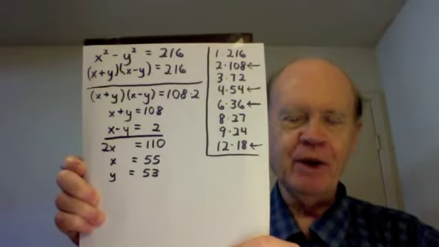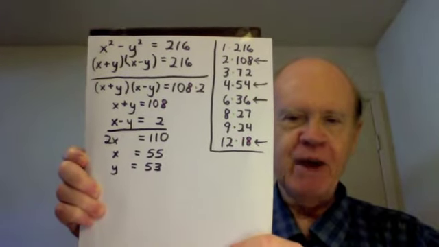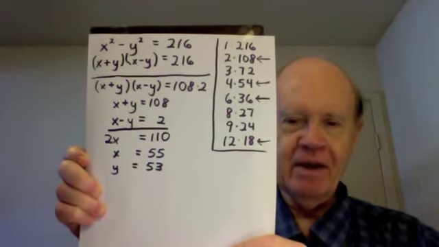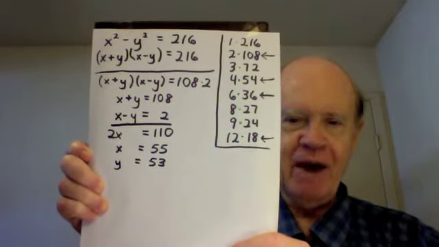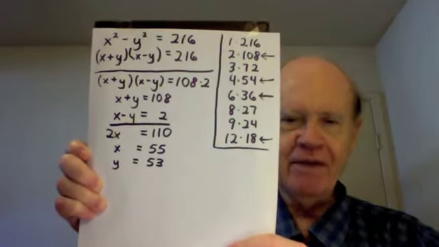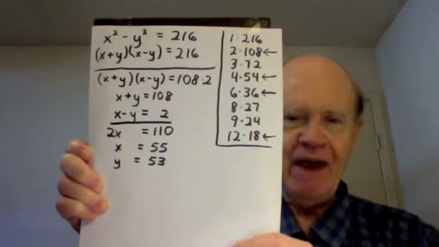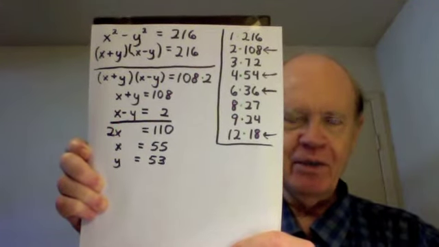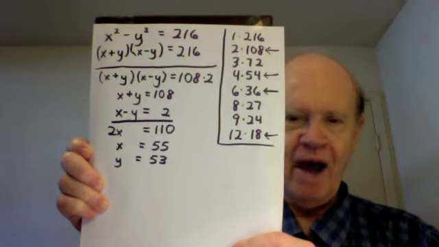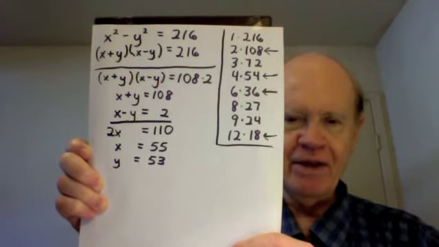I add the two equations, giving me 2x equals 110. Dividing both sides by 2, I have x equals 55. Substituting that value into one of the original equations, I get y equals 53.